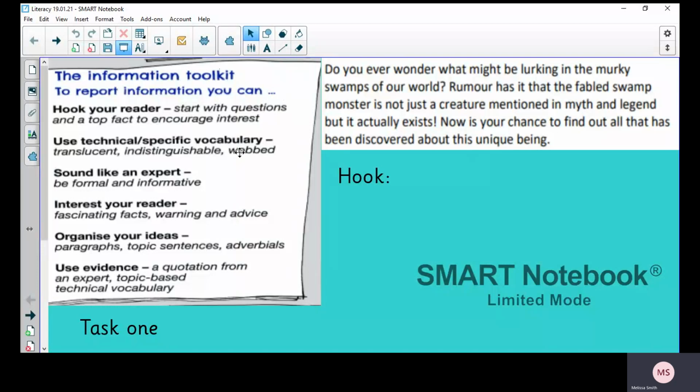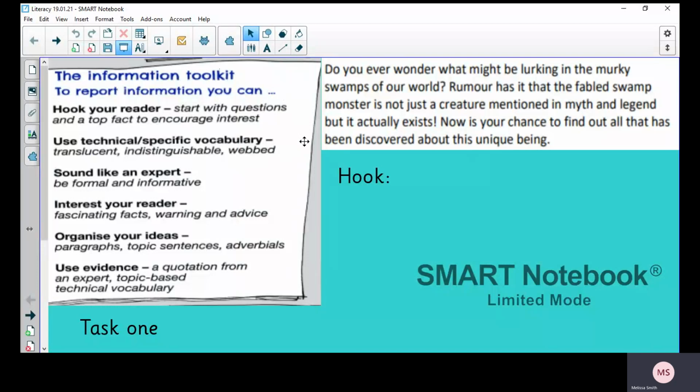The second technique that we expect to find in a non-chronological report is the use of technical or specific vocabulary. So that's subject-specific words. And we've got a few examples here which were found throughout the text. Translucent, indistinguishable, webbed.